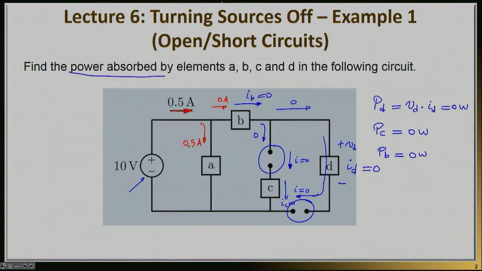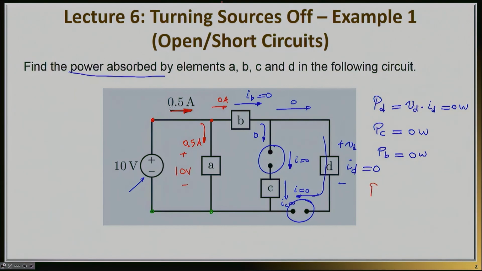So now we do know that there is a current through device A, half an amp. We do know the voltage drop across device A. Look, this node, which of course is the same as this node. And then we have this node, which is of course the same as this node. So the difference between the red and the green nodes is exactly 10 volts as imposed by the voltage source.